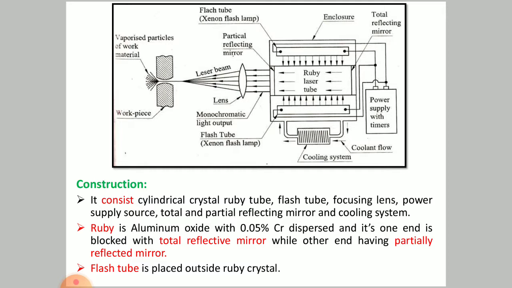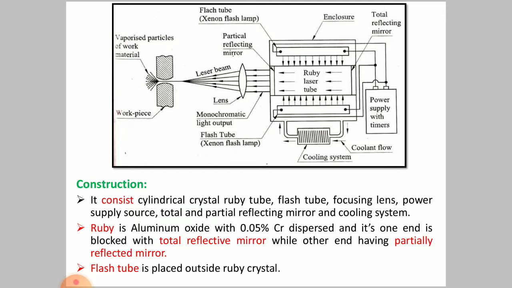One portion of this ruby crystal is kept partially reflecting, and another one is kept completely reflecting. A monochromatic source of light is allowed to pass through it.